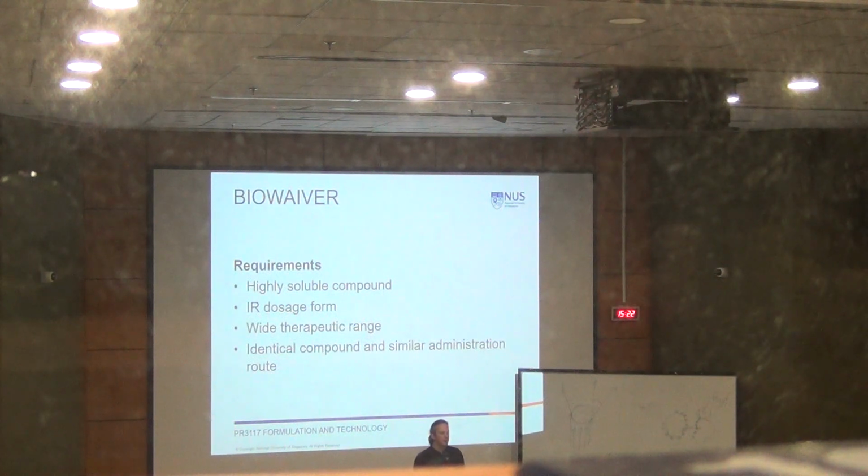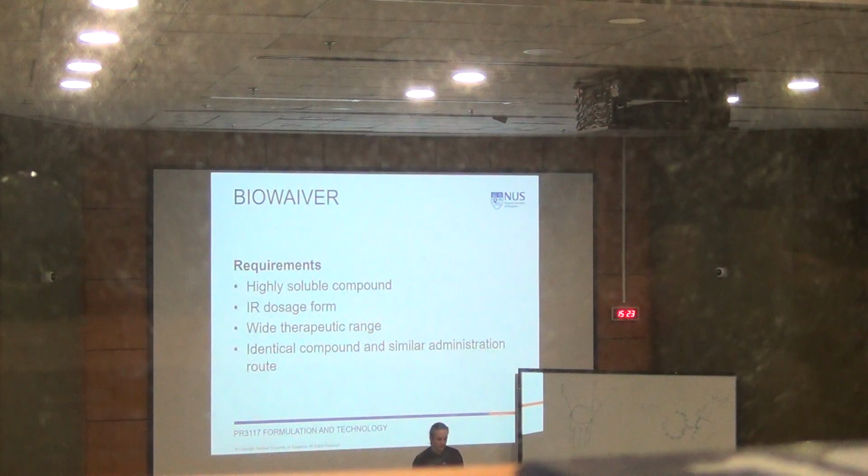A wide therapeutic range. When you are in the regulatory authority, you are operator number 500 who's looking at dossier submissions from companies. The thing you are usually most worried about is safety. When, because of your decision to approve that product, someone dies, you hate it. I would too.